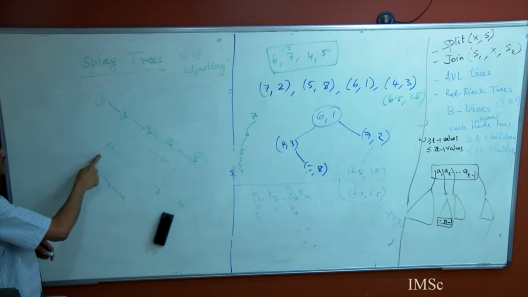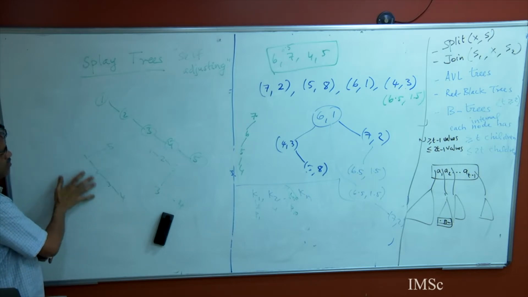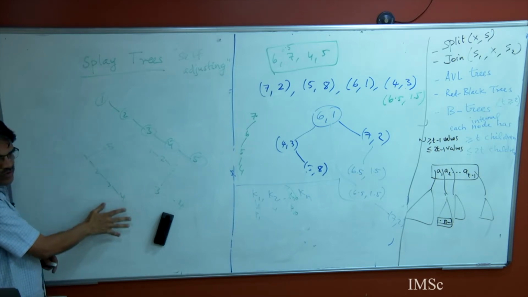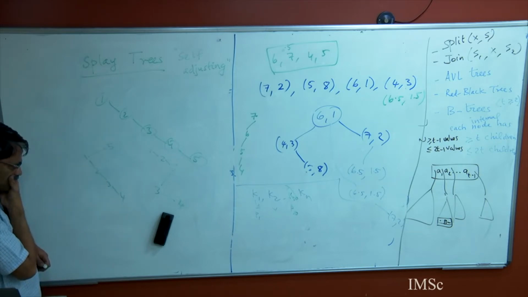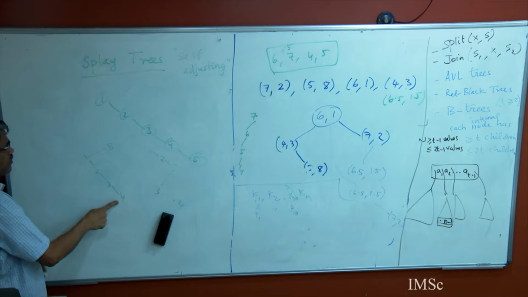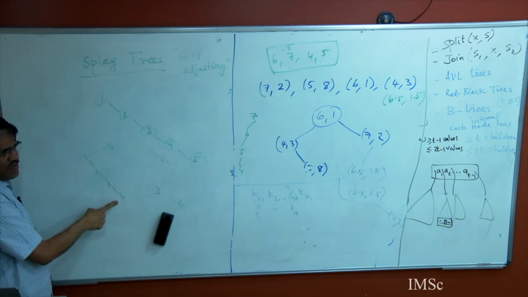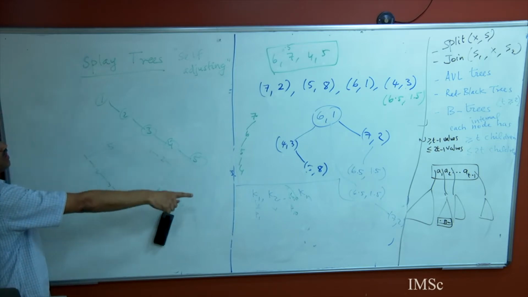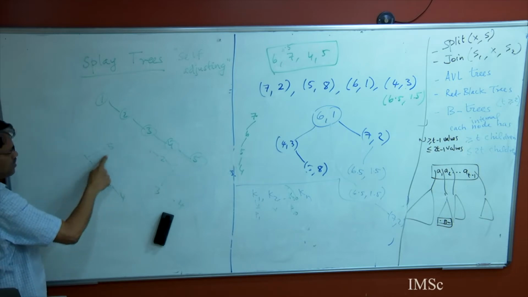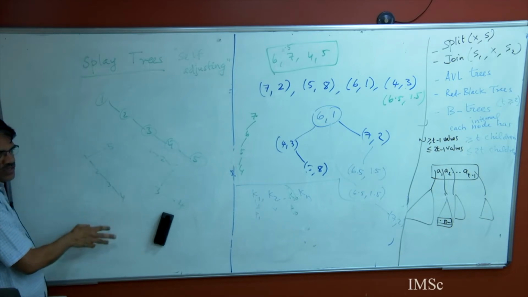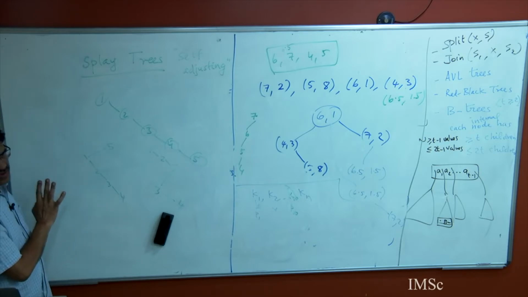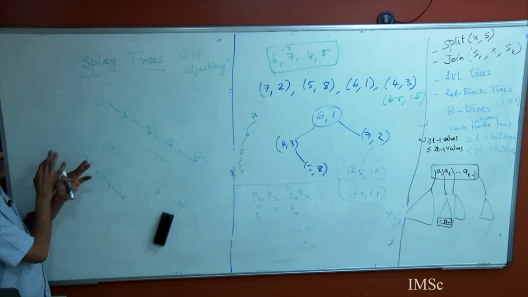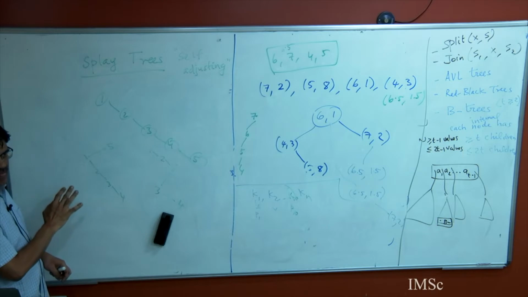This is a binary search tree, because 5 goes up here, and 1, 2, 3, 4 is on the left, and it follows that path. So now, if you give a call to 4, if this is the tree which takes linear time to access 5, then 4 is going to take linear time to access. It's really not going to help you on the amortized time. I'm just giving you an example where it does not work.